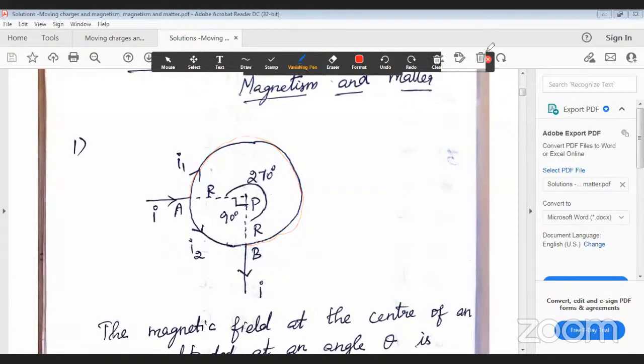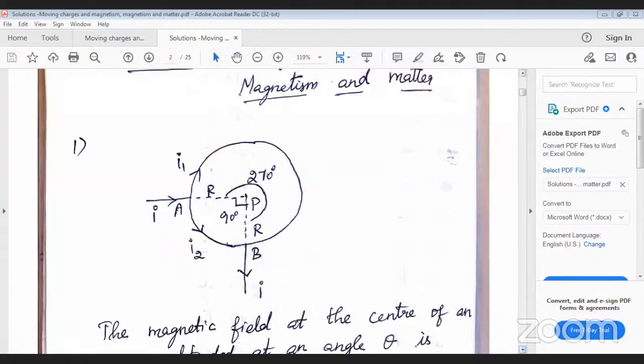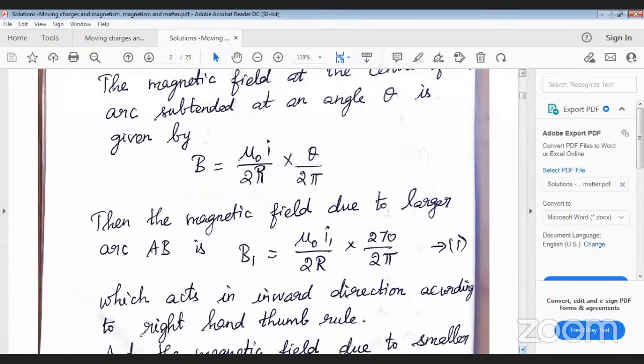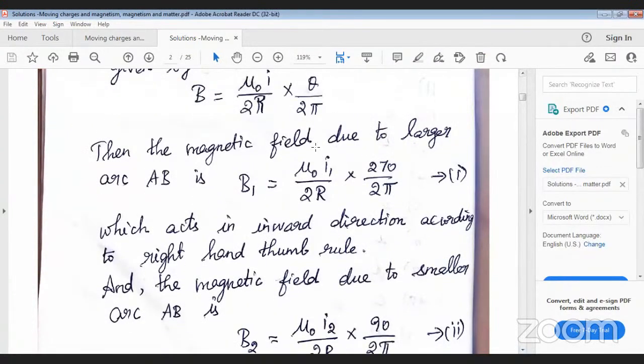So based on that, we use the formula for magnetic field: B1 equals mu naught I1 by 2R into 270 by 2 pi. Here, instead of theta, I am just using 270.